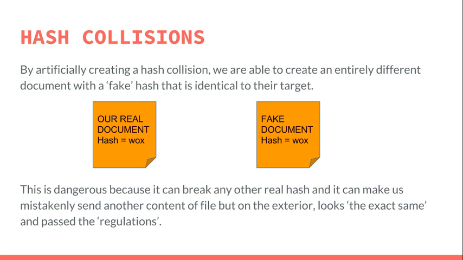So it can break any real hash, and it can make us mistakenly send another content or another file, but on the exterior it looks exactly the same and it passes the regulations of the website. A good example of this is when you look at a website and you're downloading a file, for example an installer, but once you download it, it's a completely different file, even though it says that it is the installer.